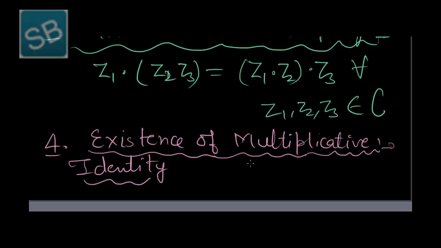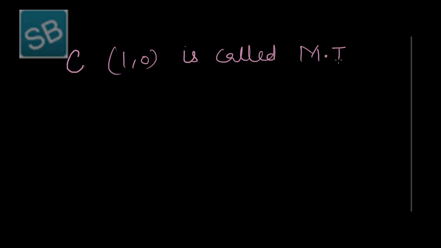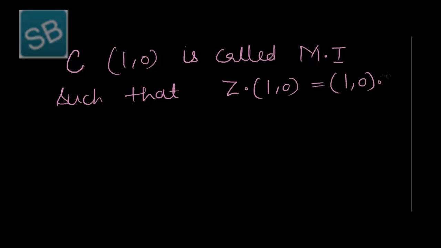So there exists a complex number, that is (1, 0), called the multiplicative identity, such that z into (1, 0) is equal to (1, 0) into z, that is left identity, is equal to z for all z belonging to C.